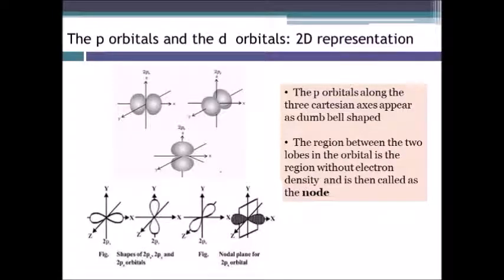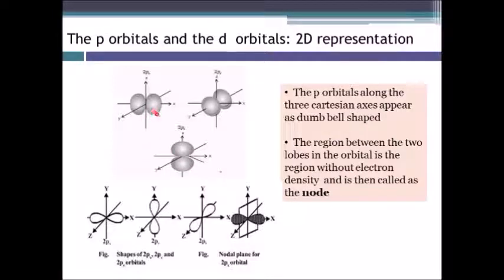Now, that was the s orbital. But what about the p orbitals? You can see here these p orbitals are actually oriented along the different axes of x, y, z, and accordingly we name them as px, py and pz. This is the px orbital, this is the py orbital along the y axis, and this is a pz orbital along the z axis.